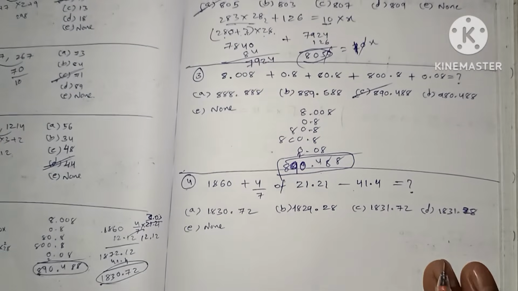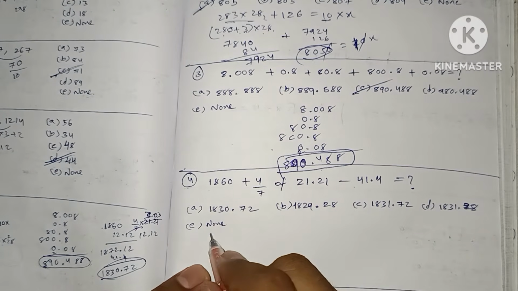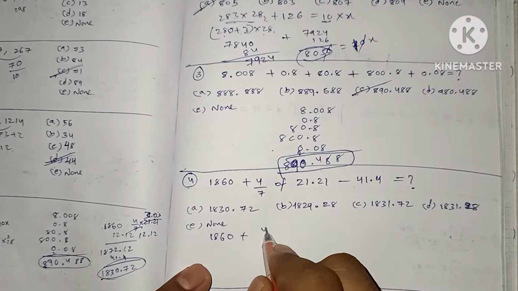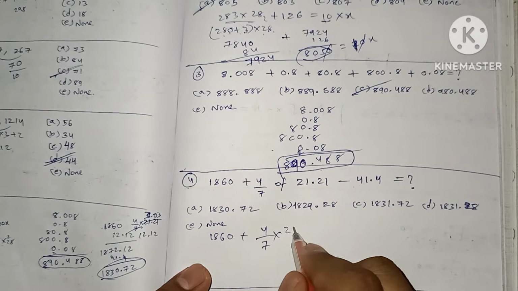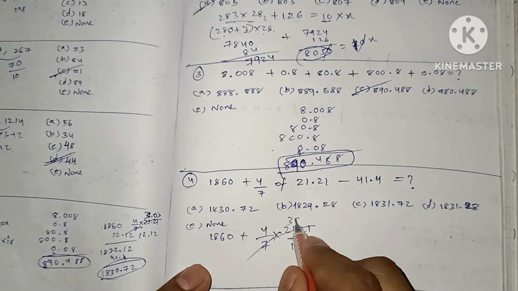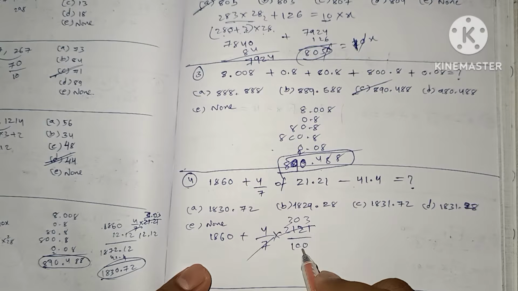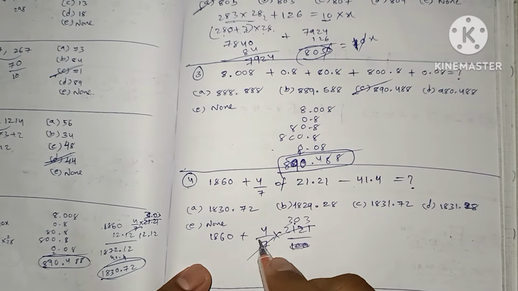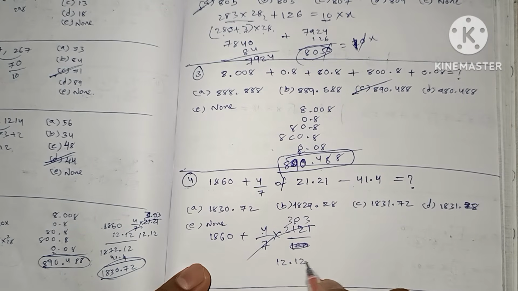Next, fourth question. Here 1860 plus 7, wait a second, 4 into, this will be 21 divided by 100. 7 3 times 0 times 3 times, so we get 3.03. So 4 into 3.03 will be 4 3 times 12.12.